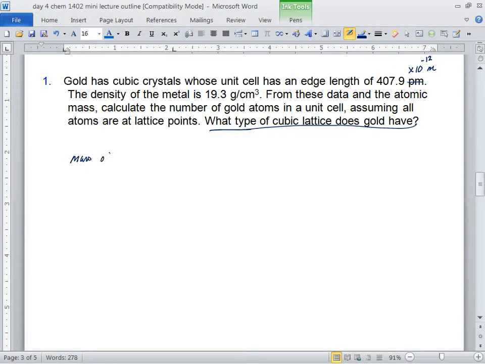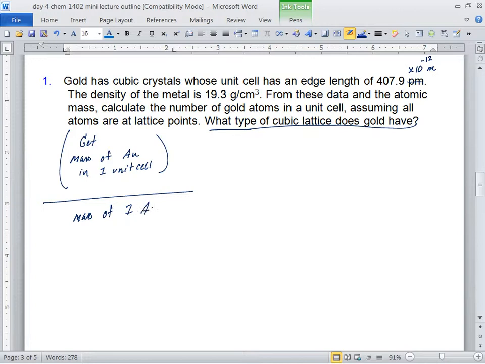So really, the idea here is this. Get the mass of gold in 1 unit cell. And then divide it by the mass of 1 gold atom.